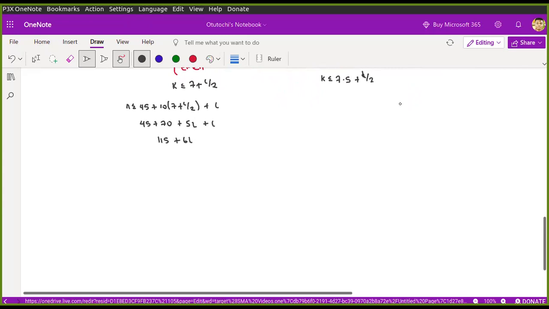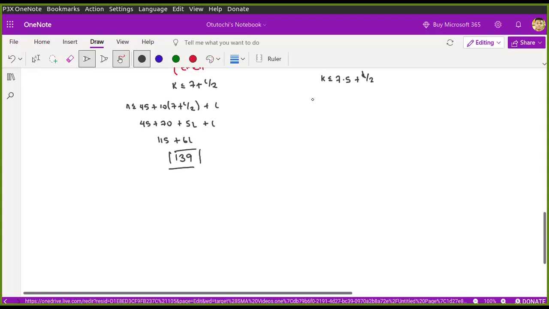And the maximum L can be, in this case, is 4. So basically we have 115 plus 24, which is 139. So this is the maximum n in this case, right?